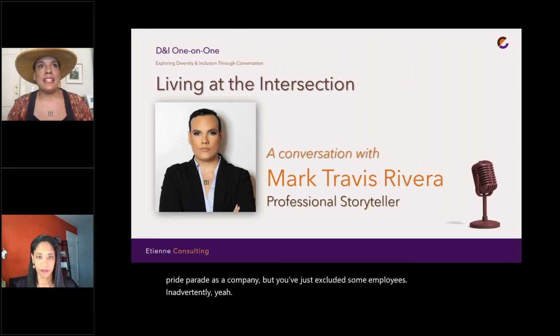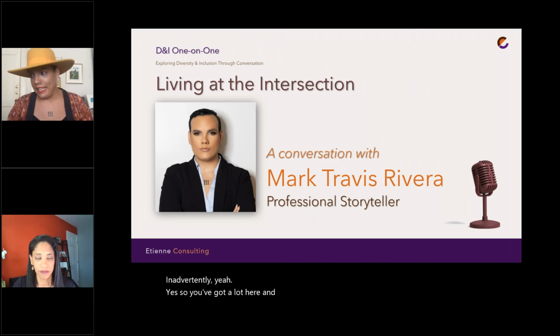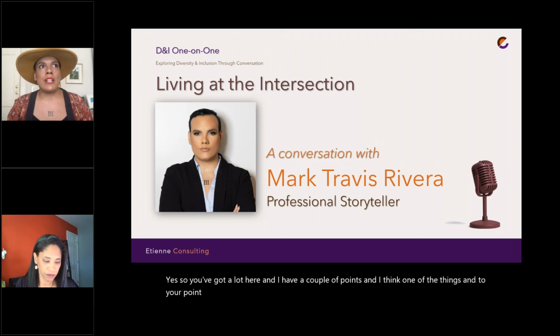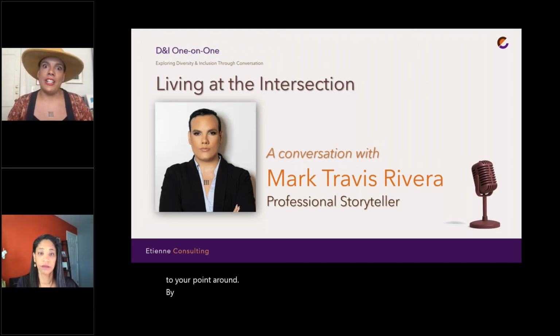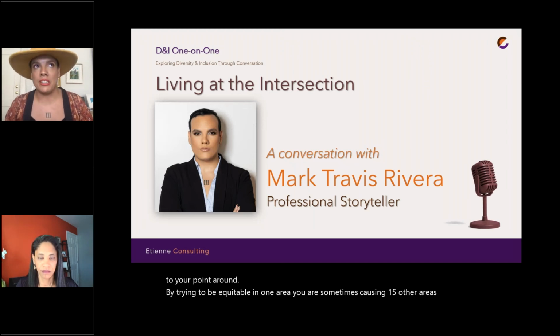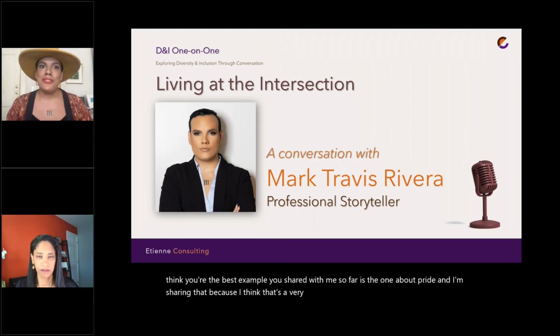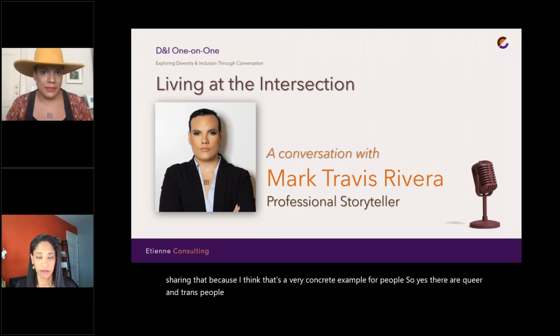Yes. So you said a lot there, and I have a couple points. To your point, by trying to be equitable in one area, you are sometimes causing friction in other areas, right? And I think the best example you shared with me so far is the one about Pride. I'm sharing that because I think it's a very concrete example for people. Yes, there are queer and trans people who are disabled who use wheelchairs and other mobility devices.